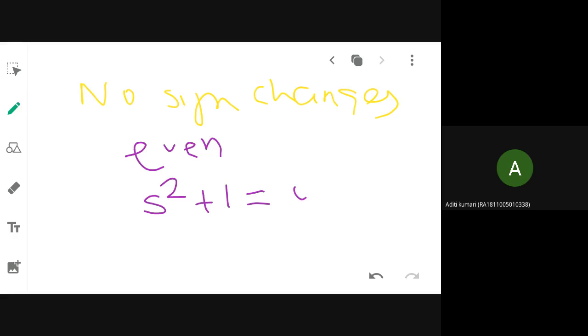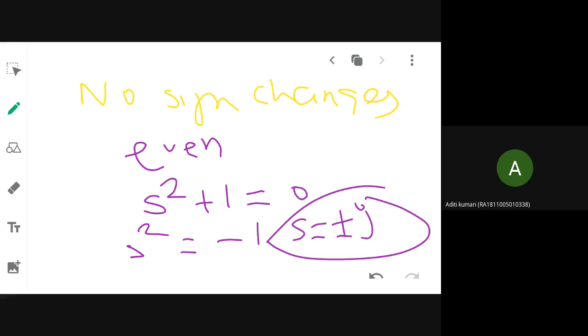So s squared will be equal to minus 1, where s is equal to plus or minus j. Yes or no? So where are these two roots located? If you draw that, here j1, here minus j1. So two poles are located on the imaginary axis.